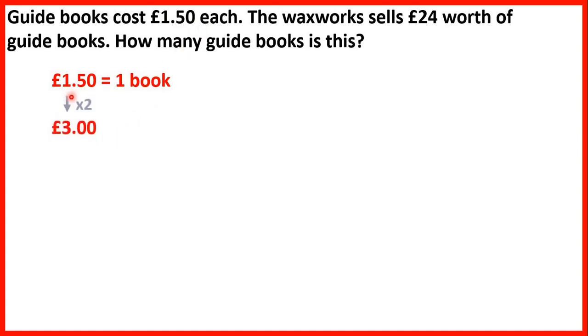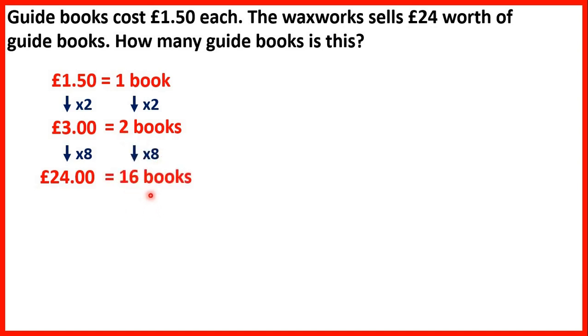If the Waxworks sells £3 worth, that would be 2 books, because £1.50 times 2 is £3. But we want to know the cost of £24 worth. Now 3 times 8 is 24, and 2 times 8 is 16. So if the Waxworks sells £24 worth of books, that will be 16 books.